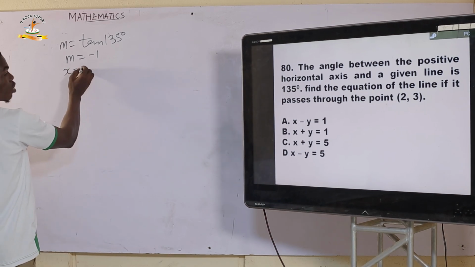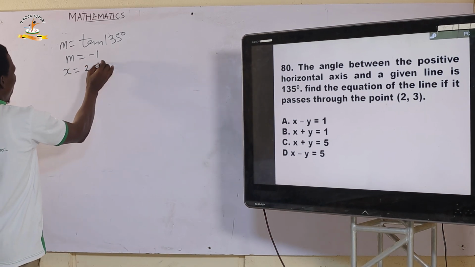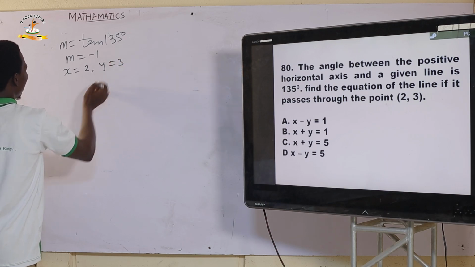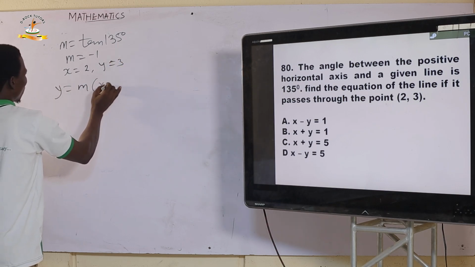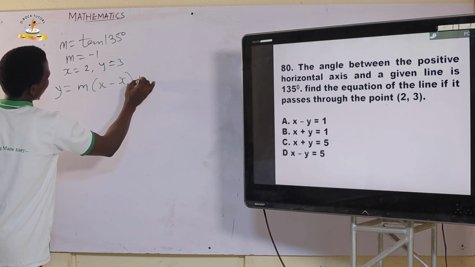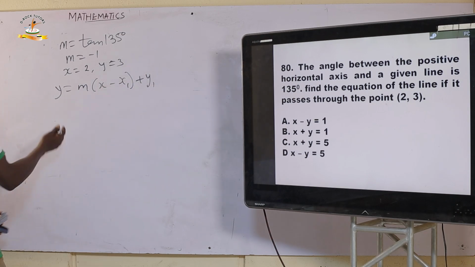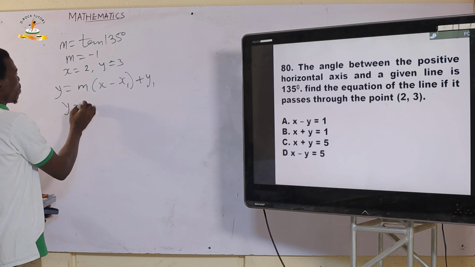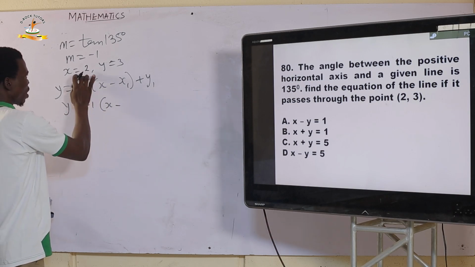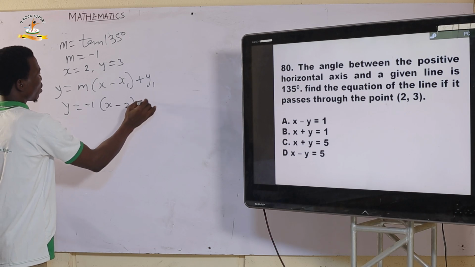And we have the point which it passes through. We have x as 2 and y as 3. And here don't forget the equation of a straight line: y equals m into x minus x1 plus y1. We put in these values, and we're going to have y equals minus 1 into x minus 2 plus 3.